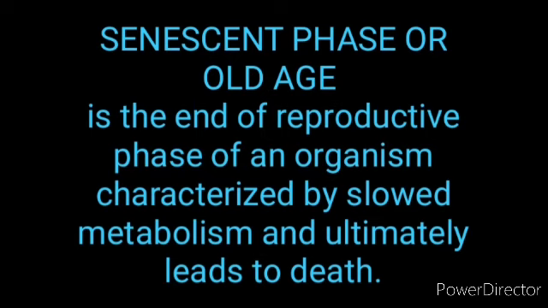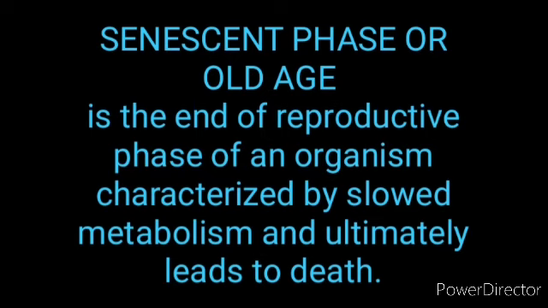It is regulated by different types of hormones and environmental factors. See the different stages here: first the juvenile or vegetative phase, second the reproductive phase, and third the senescent phase or old age.